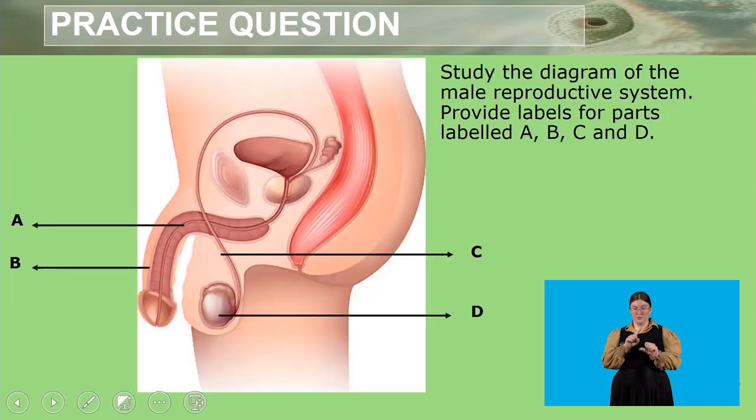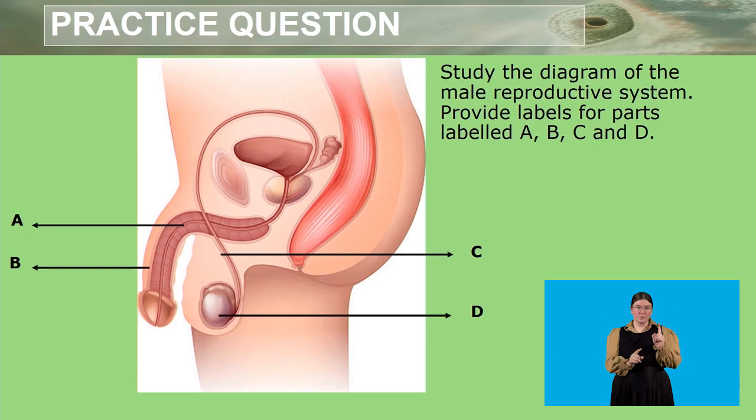Okay. Next question. There is a diagram of the male reproductive system. The instruction says, study the diagram of the male reproductive system. Provide labels for parts labeled A, B, C, and D. So part A points to a duct that leads into the penis.